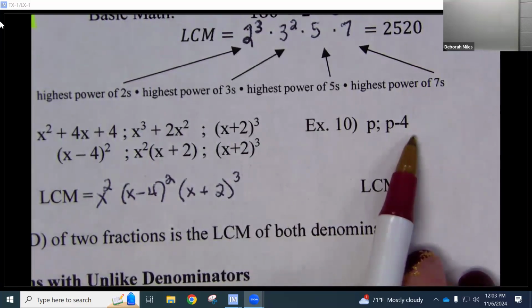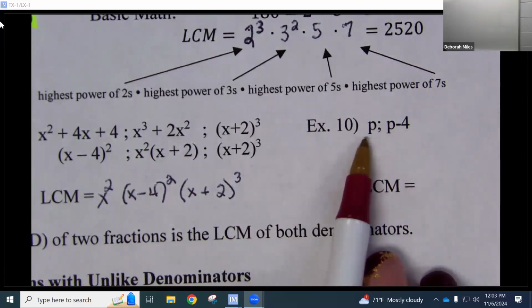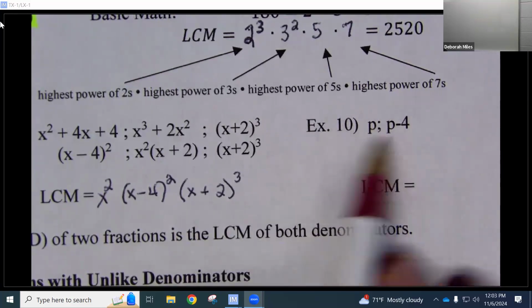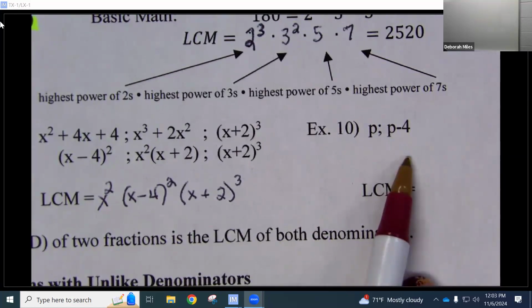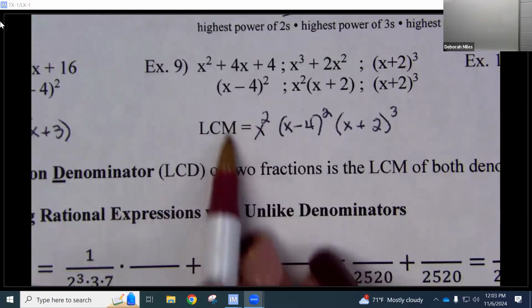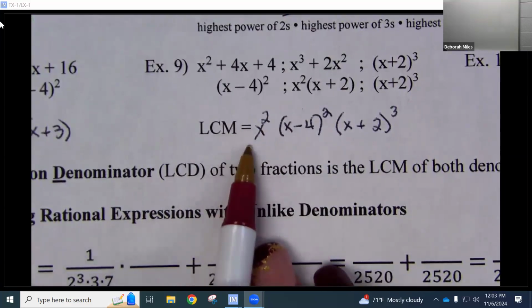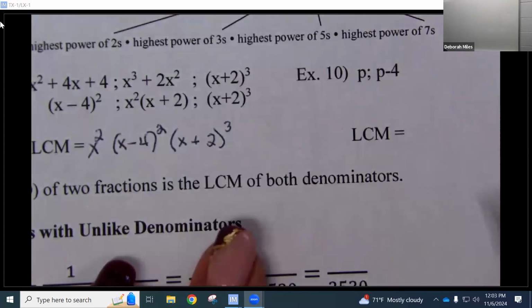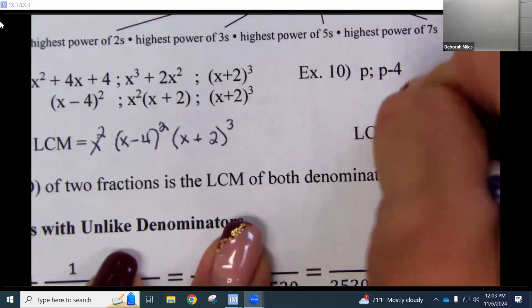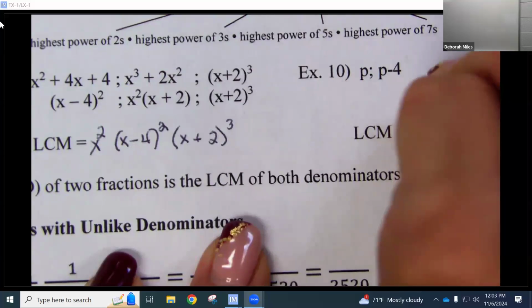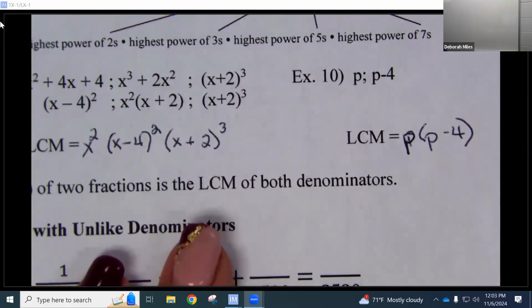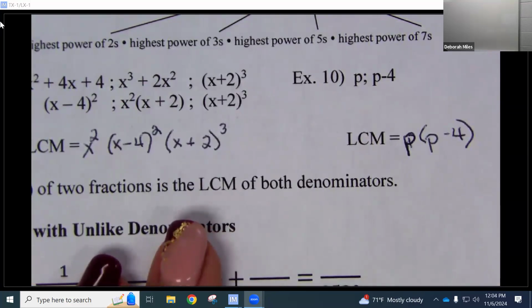Is that right? Multiplying by p by, say, -4 doesn't make it become p minus 4. Those are two different factors. So just like in example 9, we had to have this x squared along with these other factors. On number 10, we have to have both the p and the p minus 4 multiplied together. The LCD is p, or LCM is p times p minus 4.